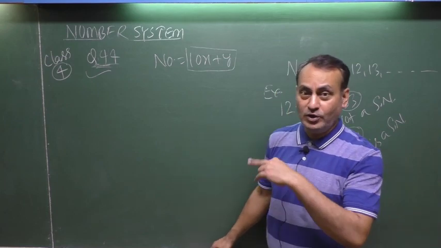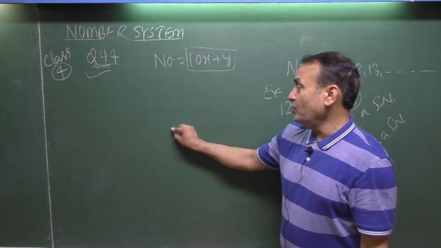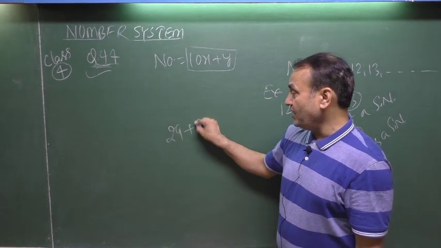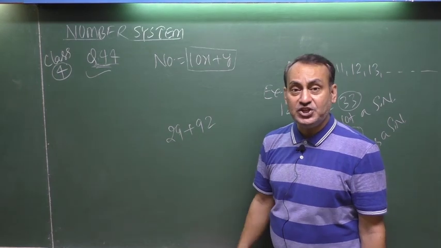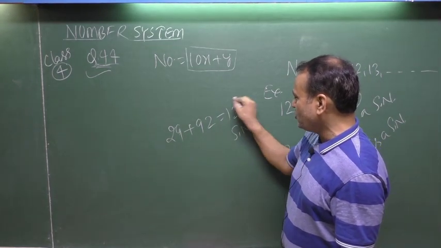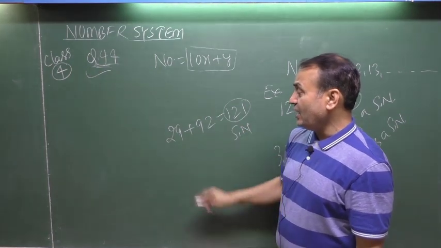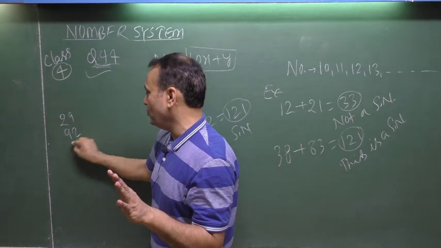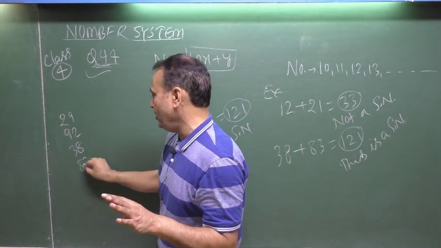That means you got two numbers here. Another example here, 29 is a 2-digit number, certainly. After interchanging this is 92, after addition this is 121, this is also a square number. That means you have got here four numbers, 29, 92, 38, 83.